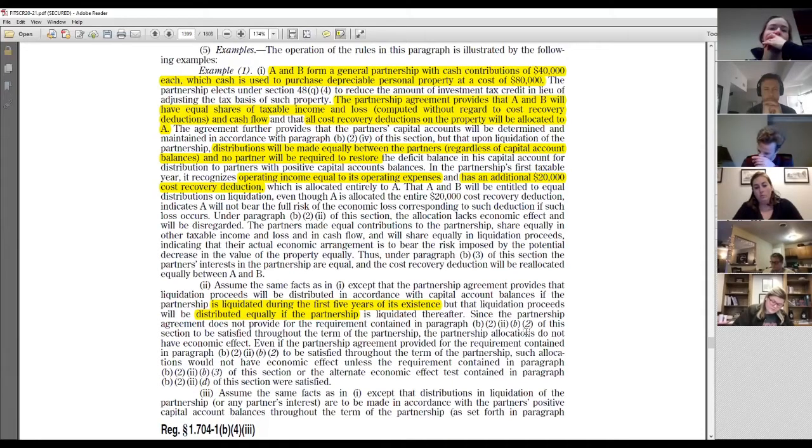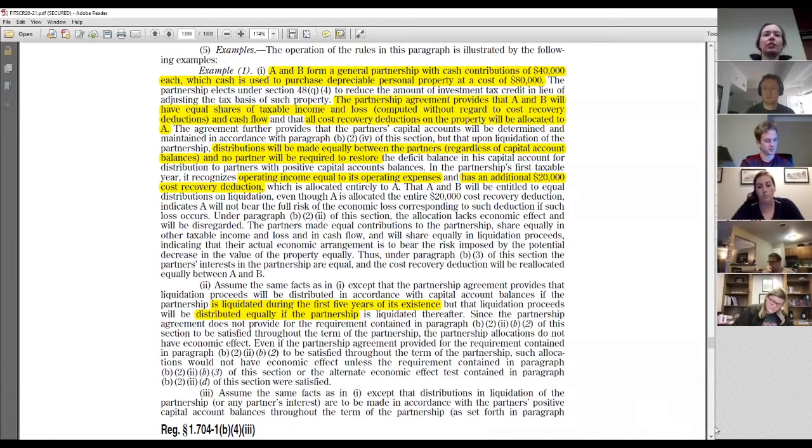But we need to know a lot more facts. And one of the problems with PIP is, again, there's not a whole lot of guidance about this. It'd be hard to give a tax opinion to your client with any degree of certainty about what the right allocation would be. Okay. Any questions on 2 little i's?